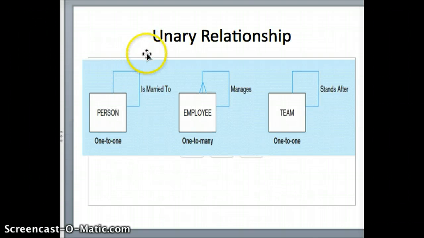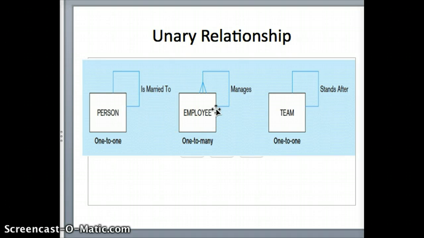In this diagram, the first example, "is married to," is shown as a one-to-one relationship between instances of the person entity type. Because this is a one-to-one relationship, this notation means that only the current marriage, if one exists, needs to be kept about a person.